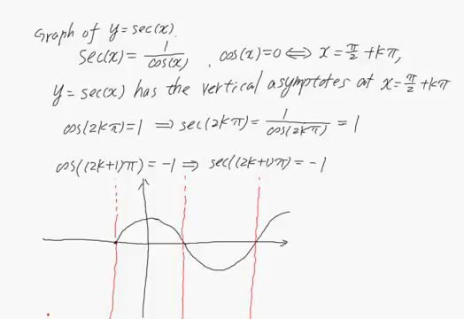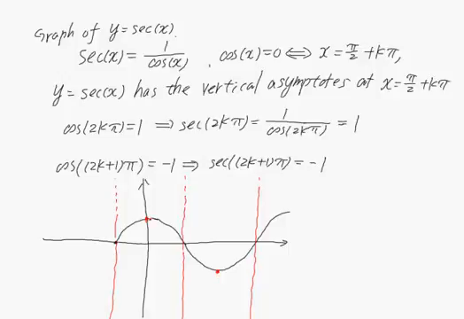And then, when cosine is equal to 1, secant is also equal to 1, right? So that means the graph of the secant function goes through this point. And when the cosine is equal to -1, secant is also equal to -1. So the graph of the secant function goes through this point.